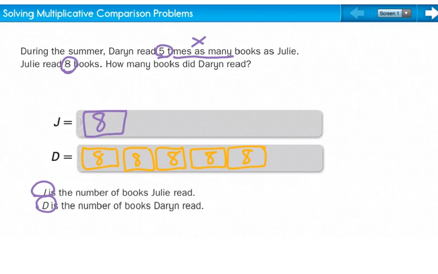So if I were to draw a picture, how many books did Darren read? Darren read 5 times 8, 5 times as many, which is 40 books. Write that on your whiteboard with me.